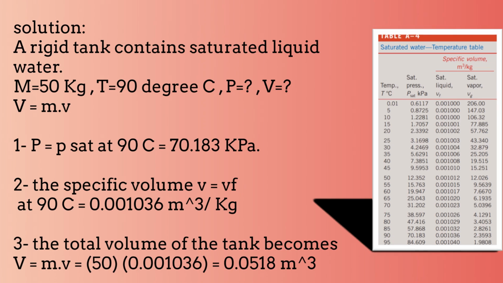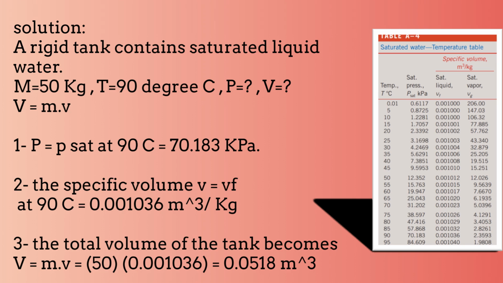After we understand the question and what we have got and what more information we need: since saturated condition exists in the tank, the pressure must be the saturated pressure at 90 degrees Celsius. So we are going to use table A4 to identify the pressure. At a temperature of 90 degrees, we will find the pressure 70.83 kilopascal.